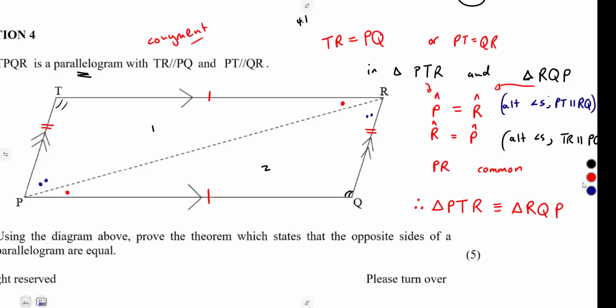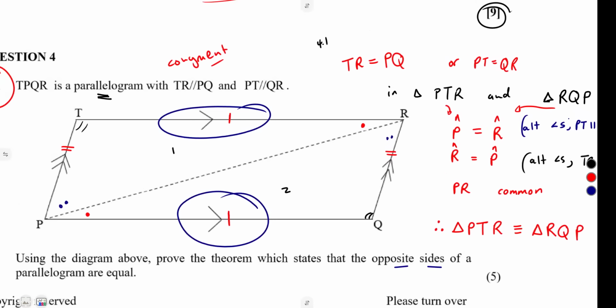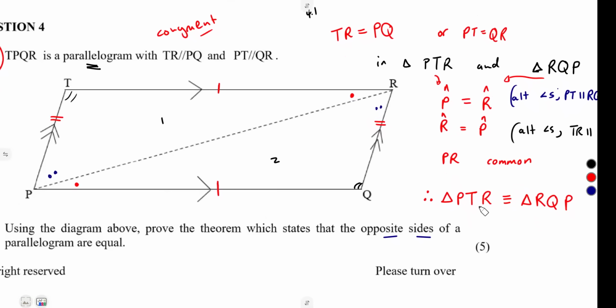So if they are congruent, let's figure out now to say that opposite sides of a parallelogram are equal. The opposite sides, we have got TR and PQ. Do we have that? It must be in that order, in that manner. All right, so let's prove that.